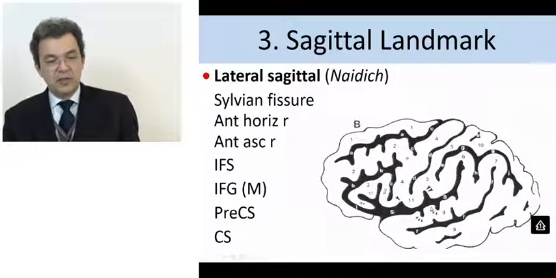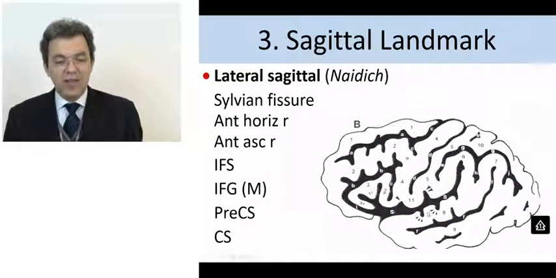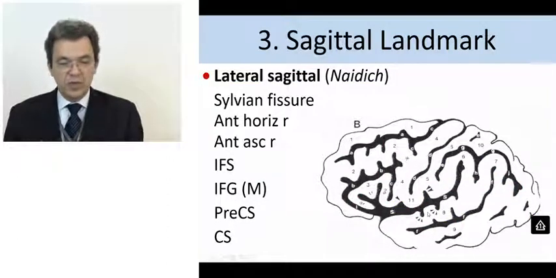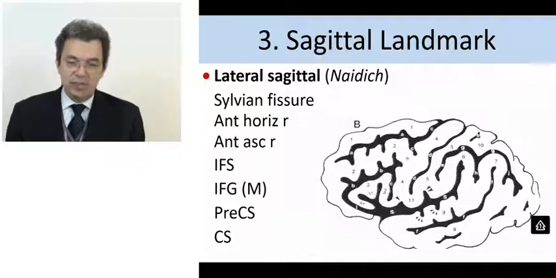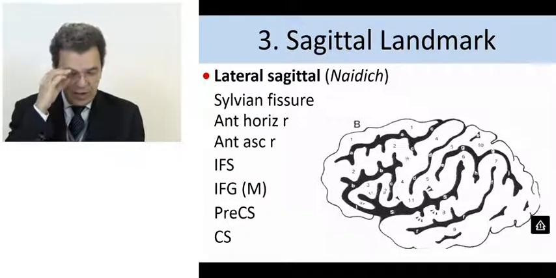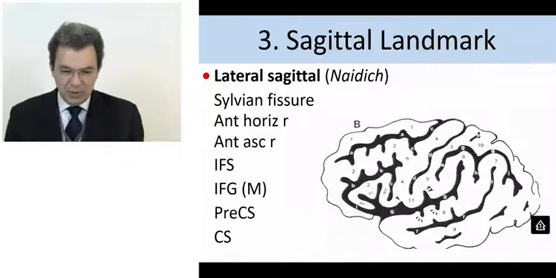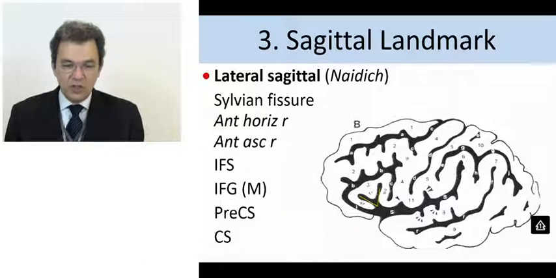The third method on the convexity, so we had one on the medial surface, we had one in the middle, and now the convexity. It's a bit more complicated, just because it involves more steps. So you have the Sylvian fissure, this is where you start from, that's always the easiest. Once you have the Sylvian fissure, you identify two rami.